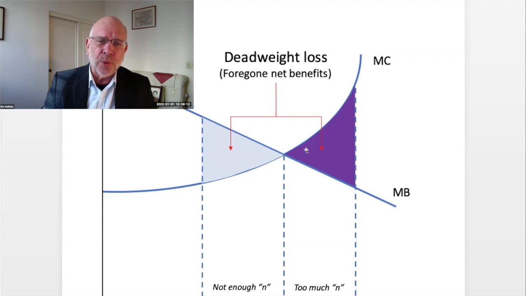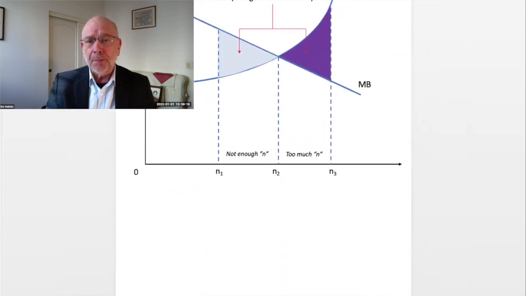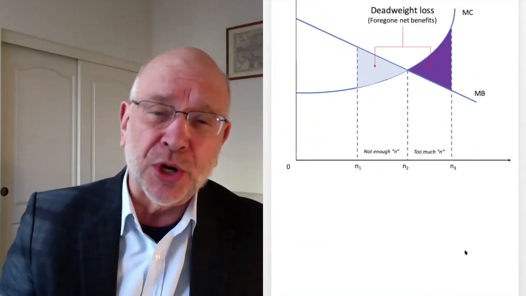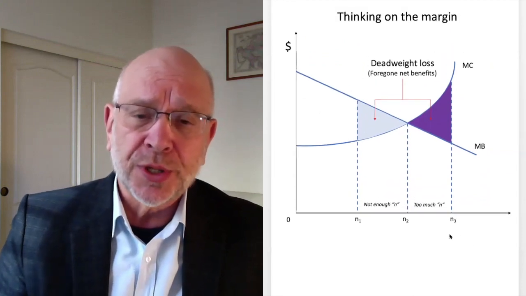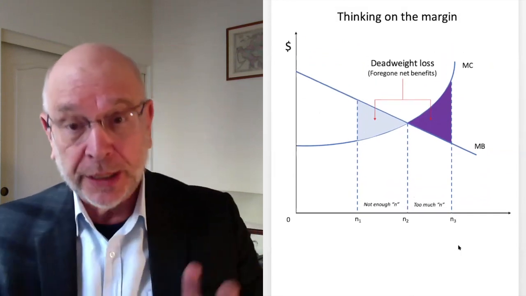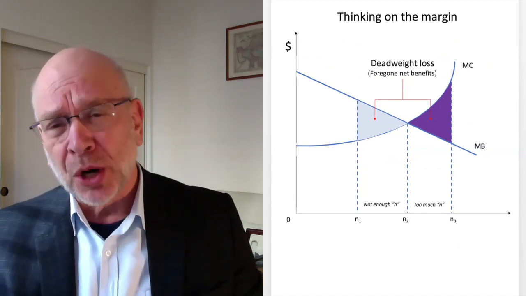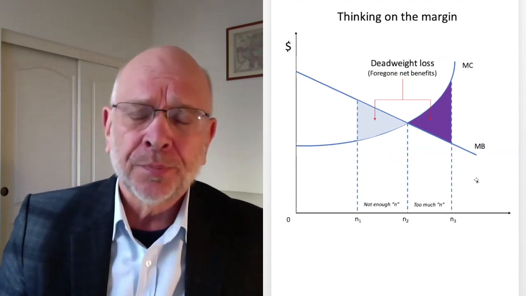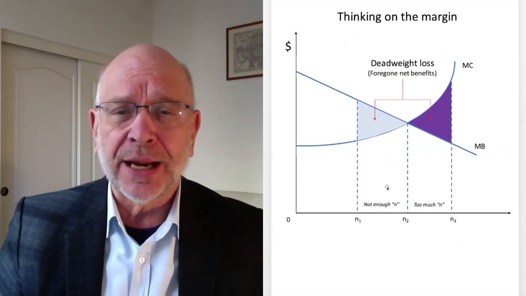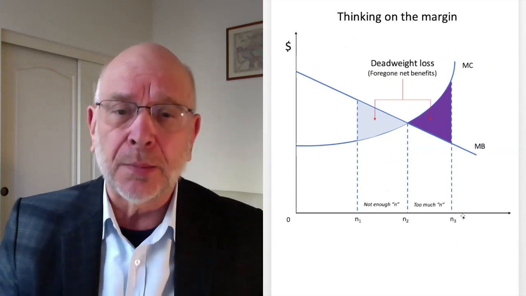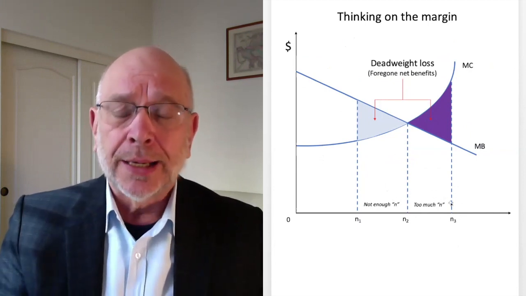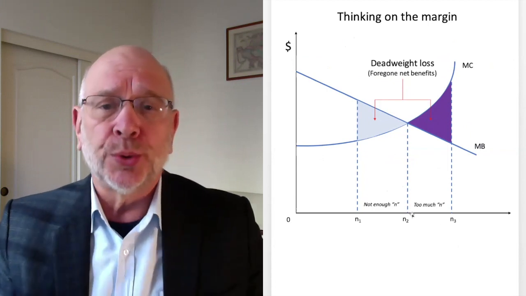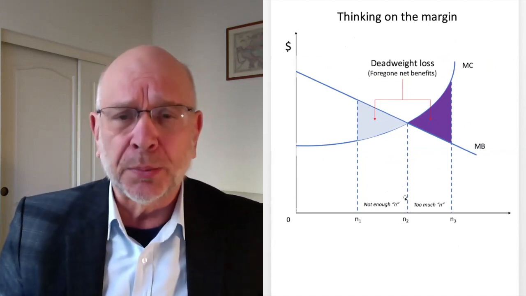And it's only when we get back to N2 that we find that the marginal cost no longer exceeds marginal benefit. So this graphical representation of marginal benefit and marginal cost shows that anything less than N2 is not enough. Anything more than N2 is too much.